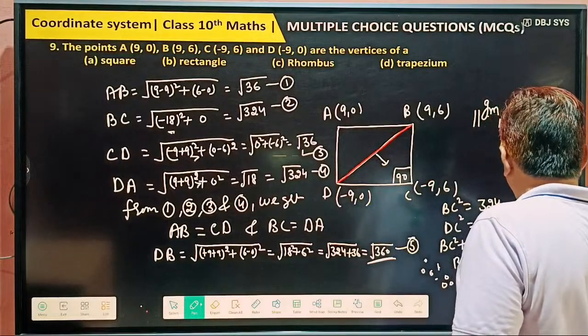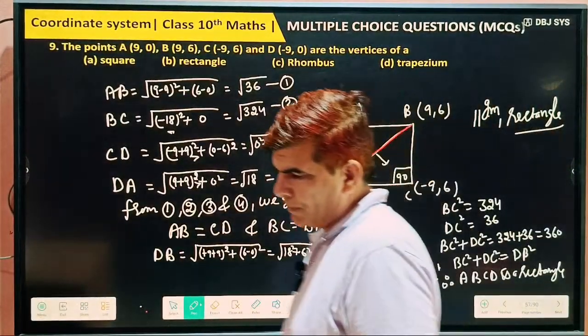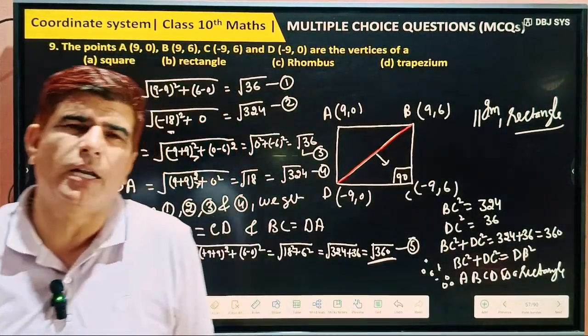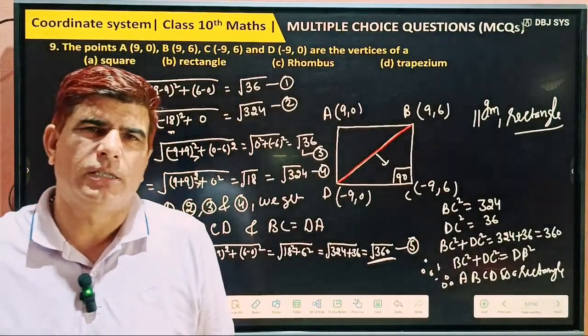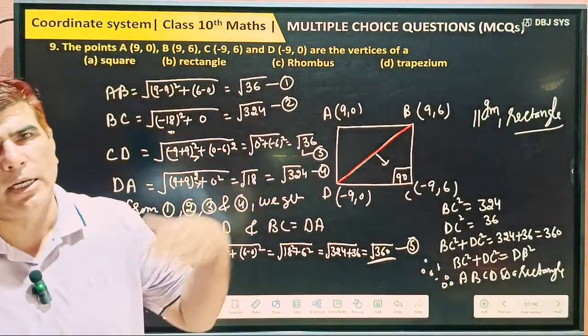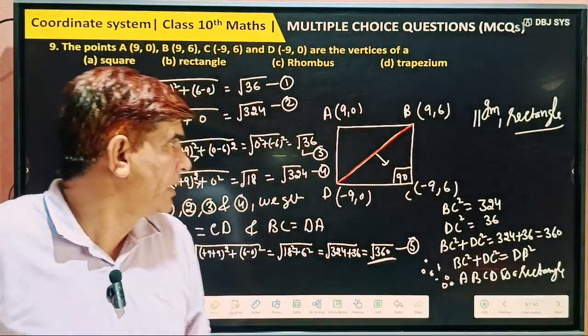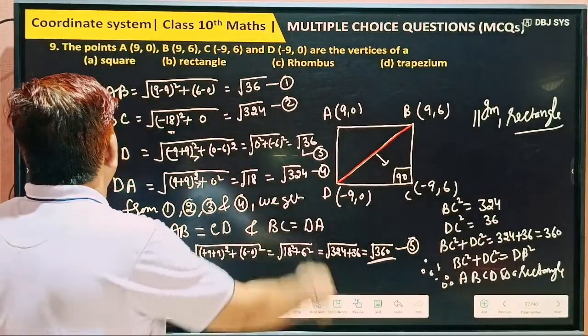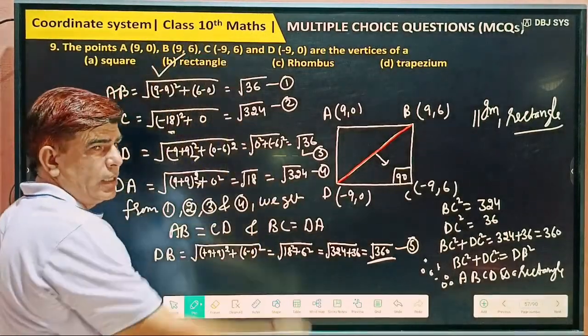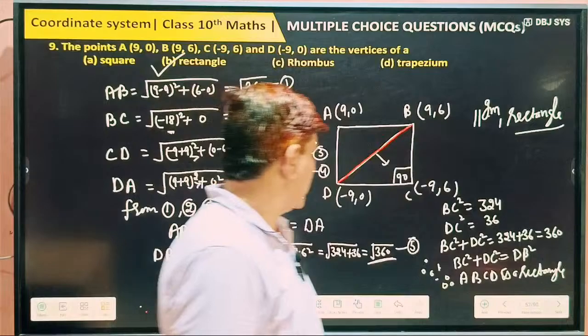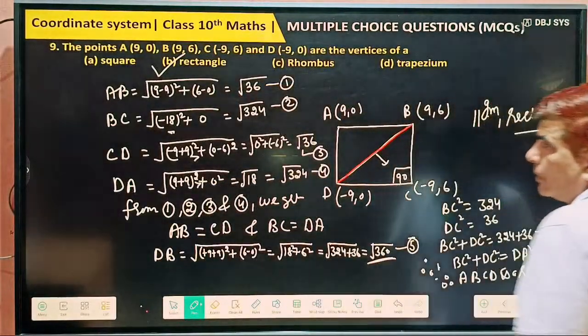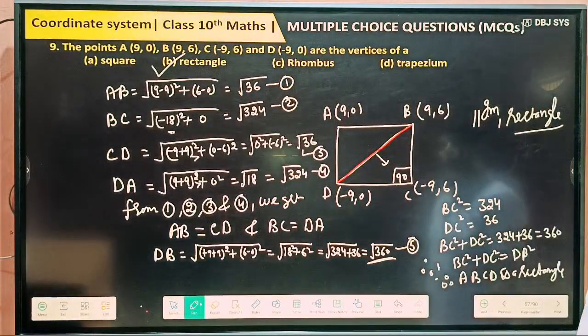A rectangle is a quadrilateral whose opposite sides are parallel and equal, and each angle is 90 degrees. All rectangles are parallelograms, but all parallelograms need not be rectangles. So what's your answer? Is rectangle given anywhere? Yes, this is your answer. So this I told you. This is not a square, not a rhombus, not a trapezium.